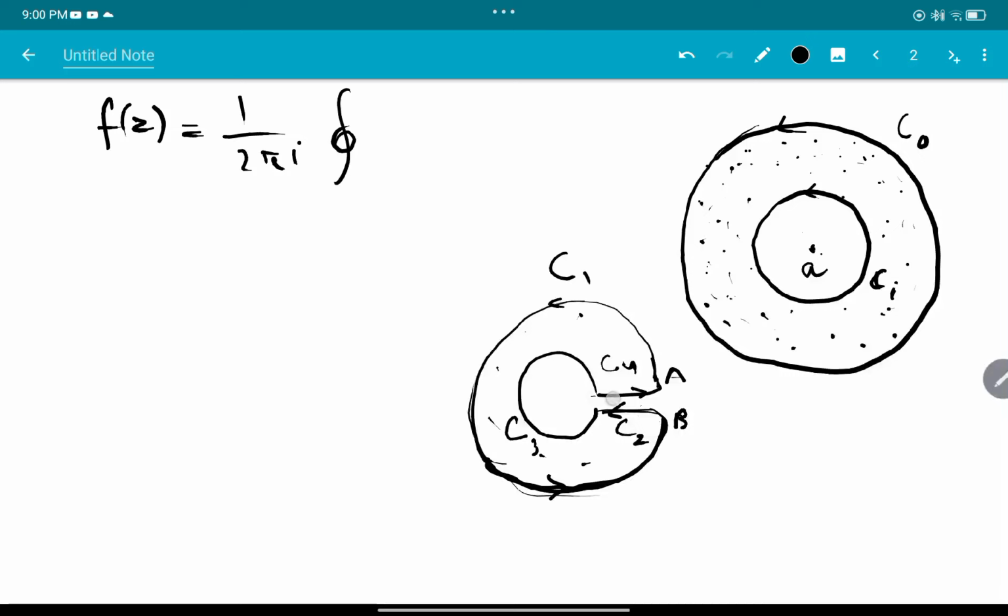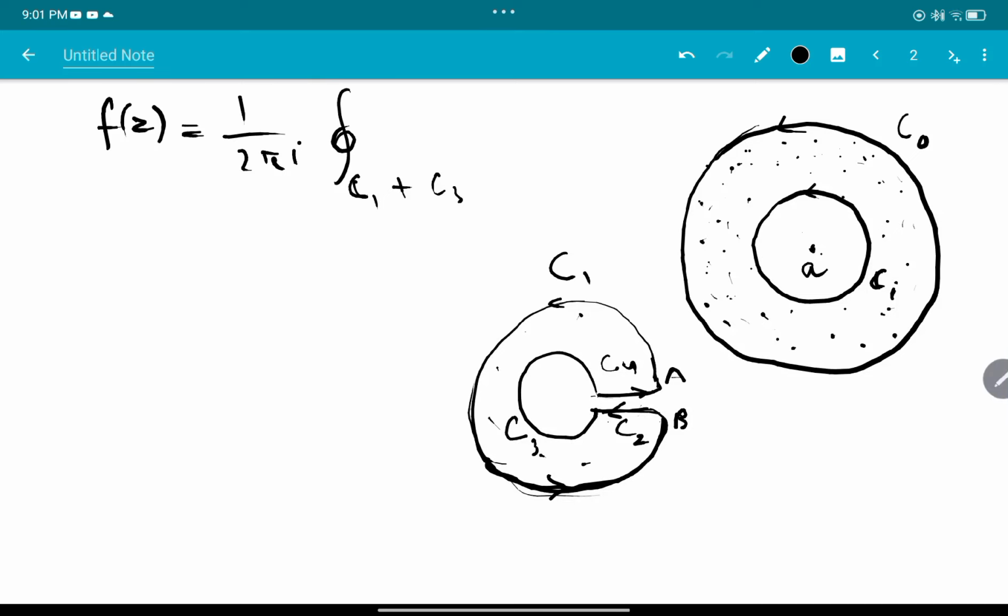We have this closed continuous curve, which has now four parts. Fortunately, two parts, the integrals along these two paths, will cancel out. So we will have only an integral about path C1 plus C3.